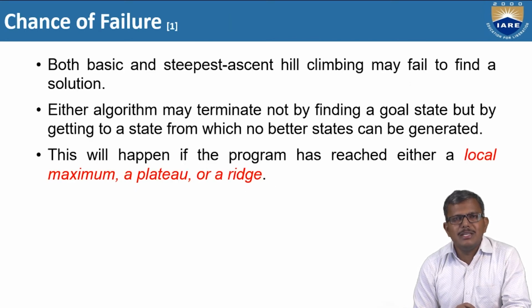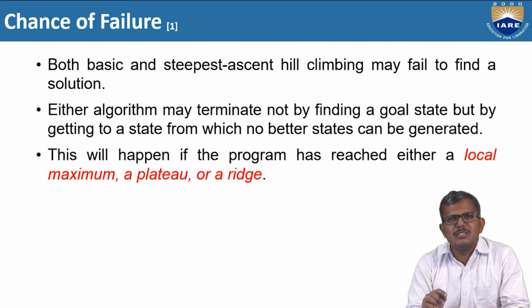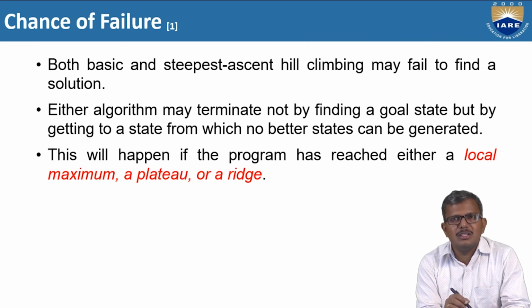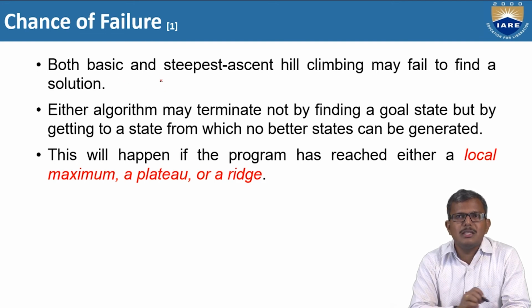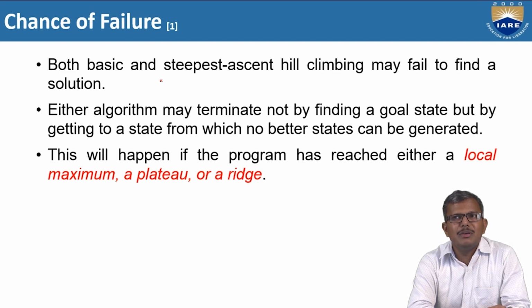Chances of failure: is there any chance for failure of this algorithm? There are some chances. Not only for steepest ascent, even for the basic hill climbing approach, there is a possibility of failure. Both basic and steepest ascent hill climbing may fail to find a solution.